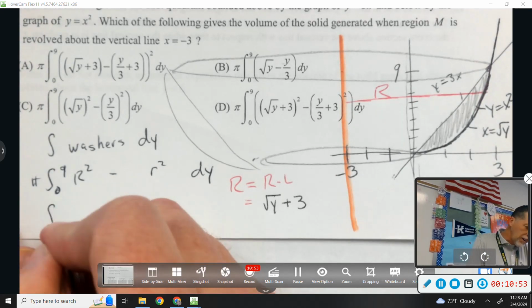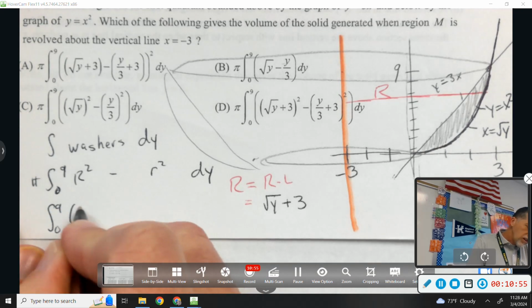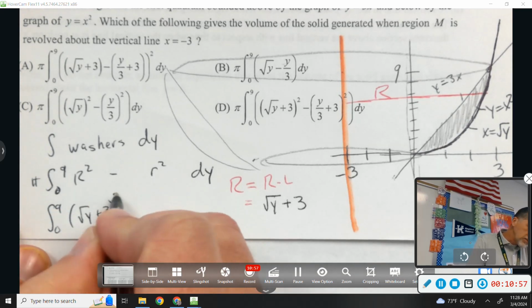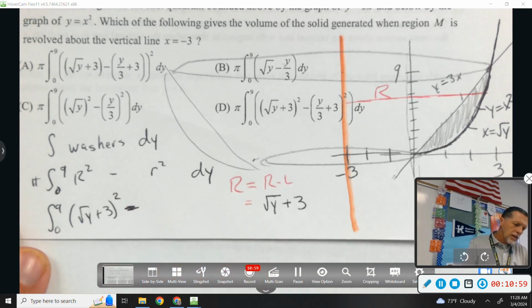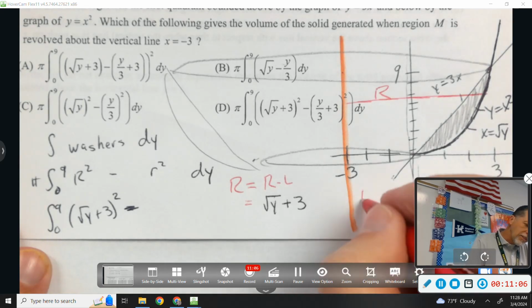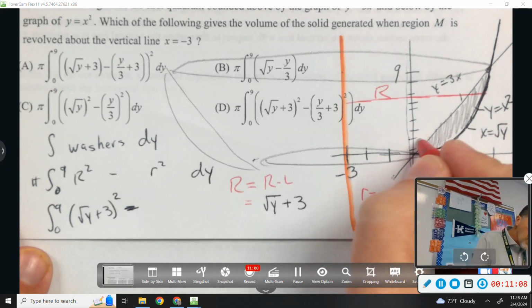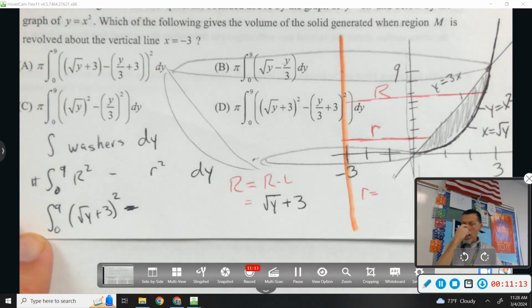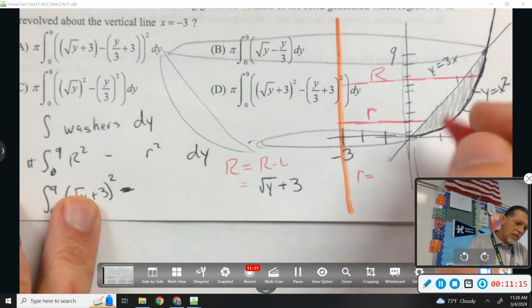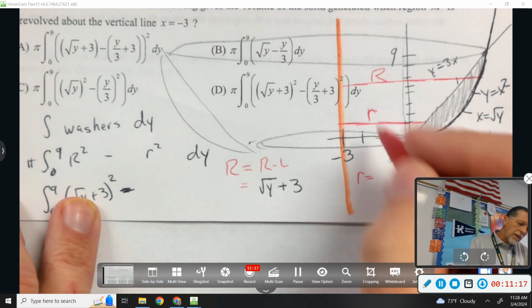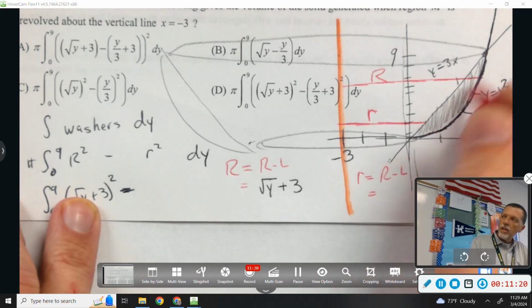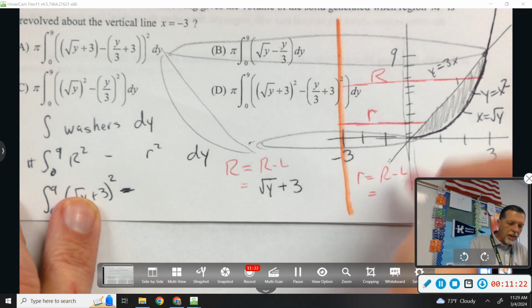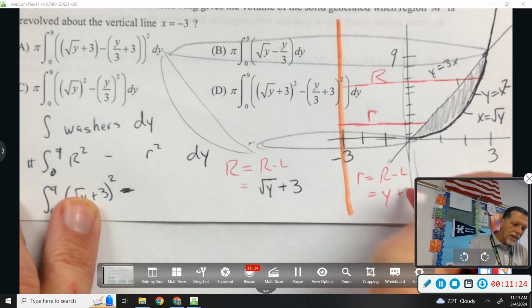Okay, so big R then is square root of y plus 3 all squared. I wonder if that narrows it down enough. That looks like D. Let's make sure, just to make sure little r matches up. So there's little r from axis to inside edge. Right minus left. I would normally call that y equals x, but now I'm going to call it x equals y.